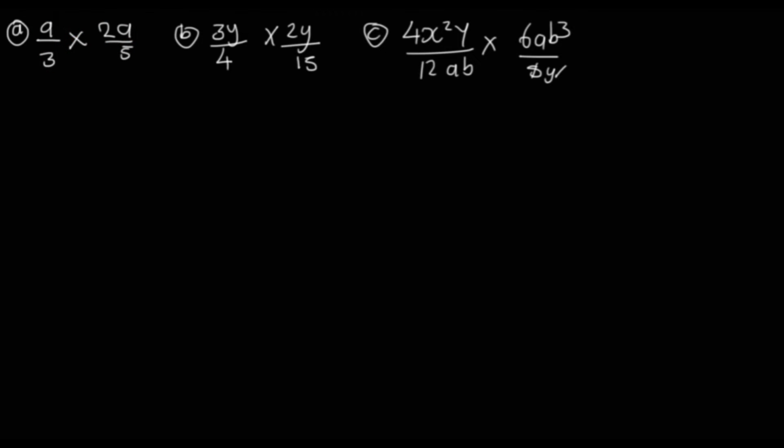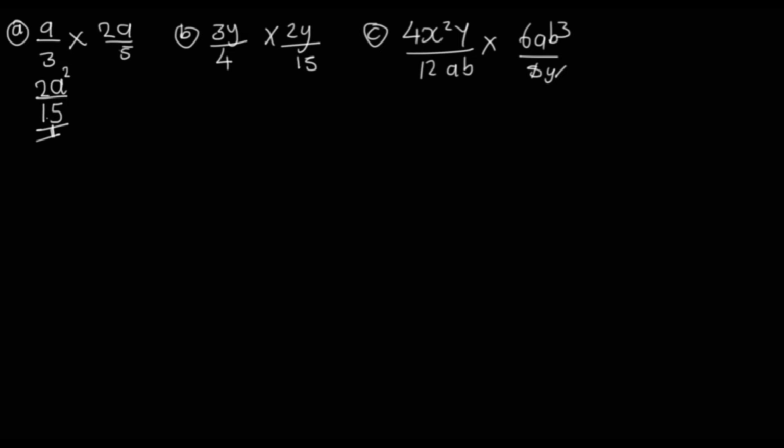So what we can just do here is multiply directly. We multiply the denominator of the first fraction times the denominator of the second fraction. The first denominator here is 3, so 3 times 5 is 15. Then we multiply the numerators, a multiplied by 2a, so our a will be raised to the power 2. So this is the answer for the first part.